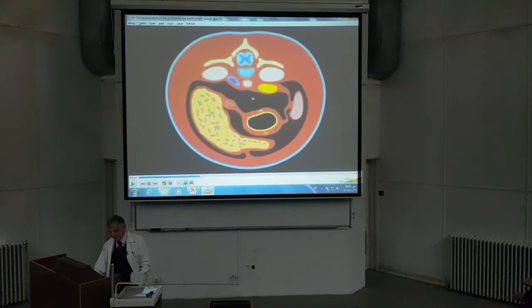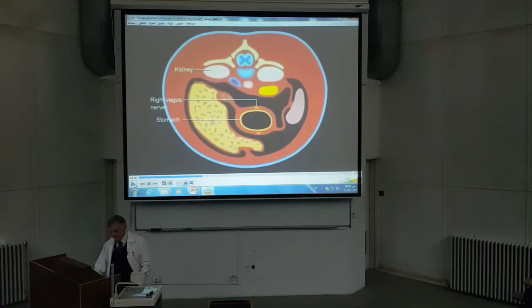And therefore the lesser sac has developed because of the rotation of the stomach. This is the lesser omentum, and this is the stomach. The spleen developed in the dorsal mesentery, and the pancreas is being stuck to the posterior abdominal wall.